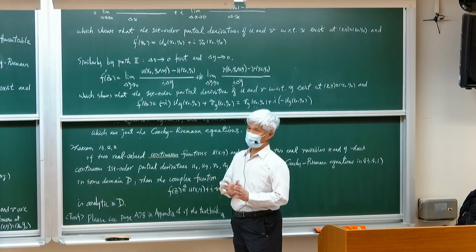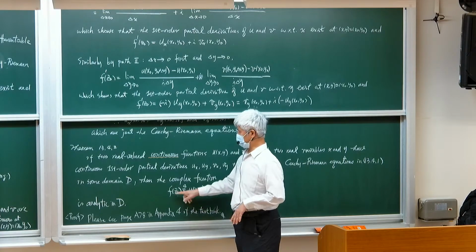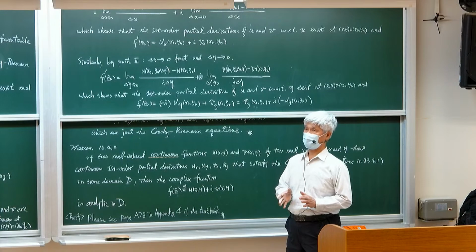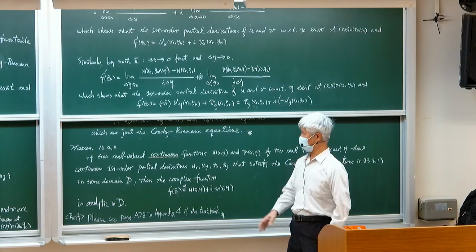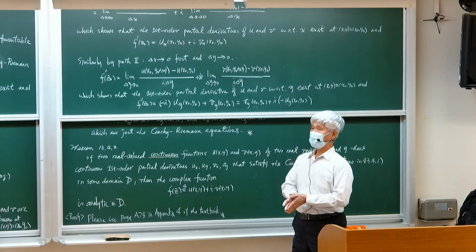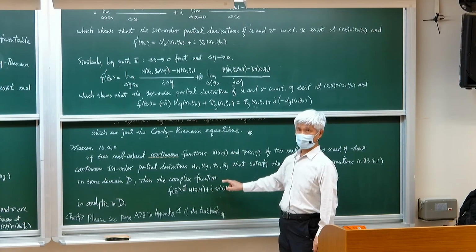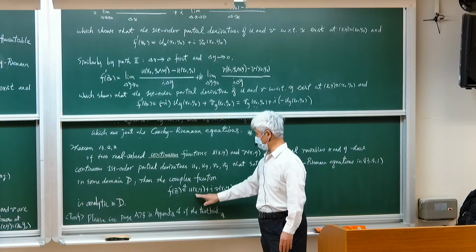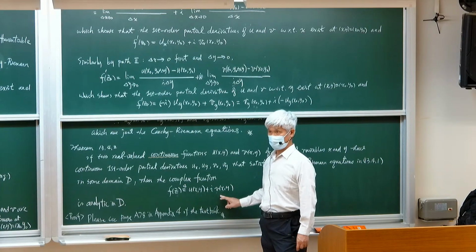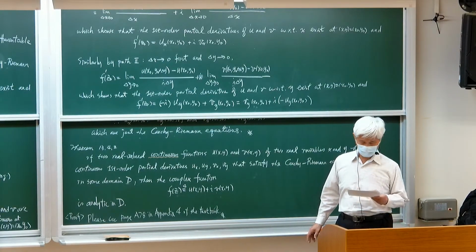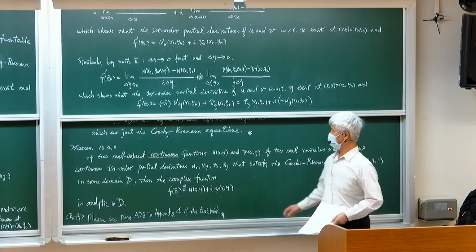One way is to show the existence of its derivative directly, as we have done last week, for polynomials or monomials. So this is a direct way. The other way is to apply this theorem, to work on its real part and imaginary part first. So this is another way. Okay, any questions?